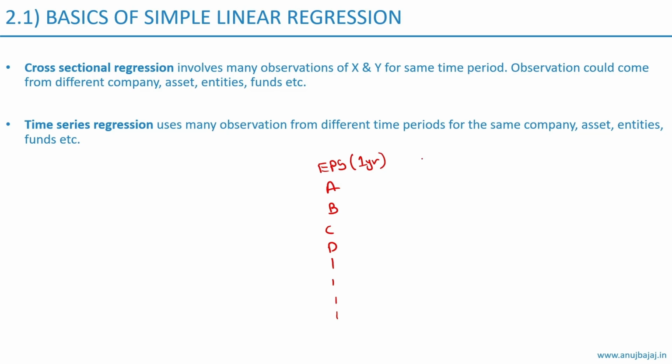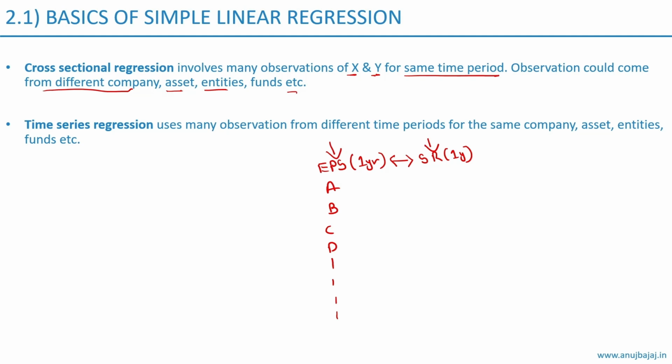And I also collect the data of stock returns for the past 1 year of all the companies. I want to forecast what the stock returns could be for each company using the earnings per share. This is an example of cross-sectional regression, which involves many observations of X and Y for the same time period. And observations could come from different companies, assets, entities, etc.